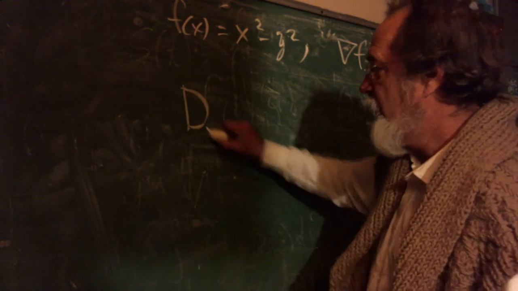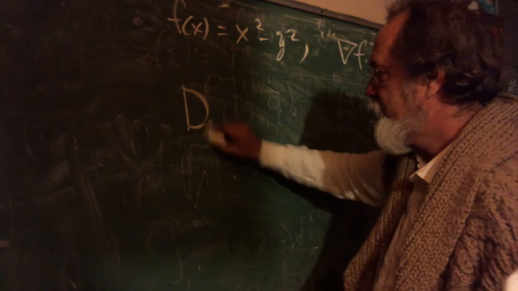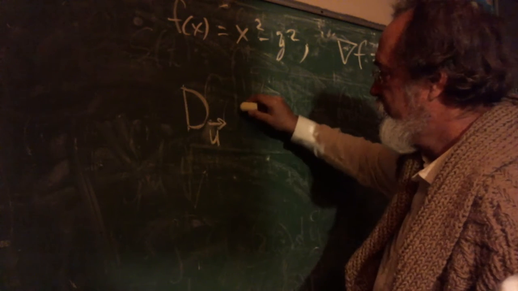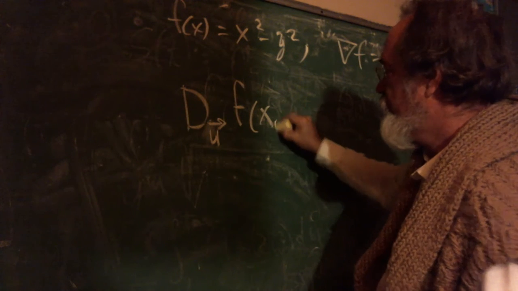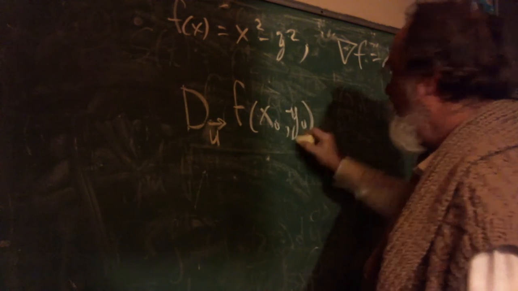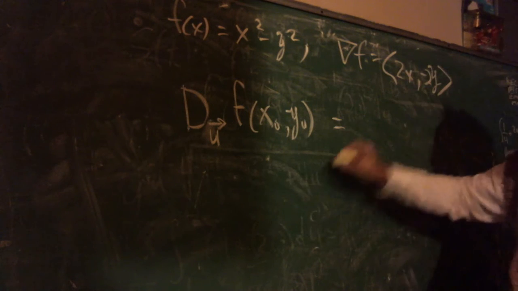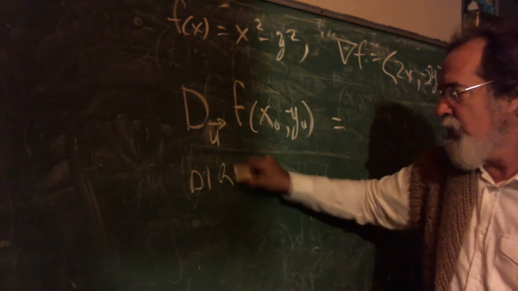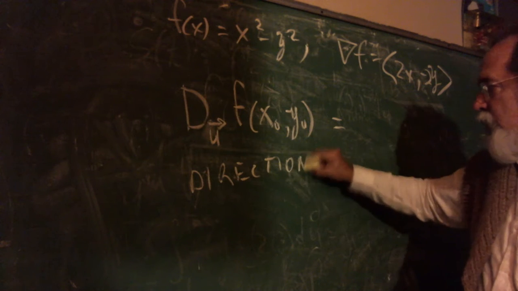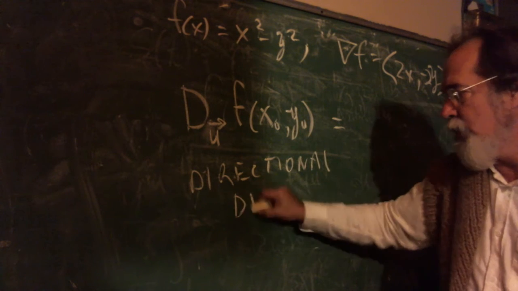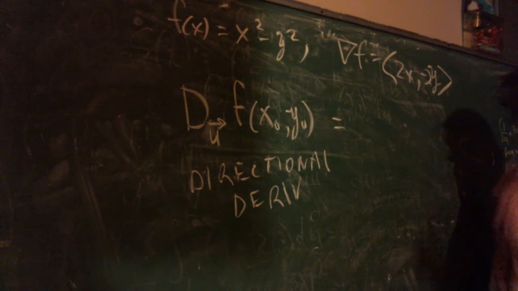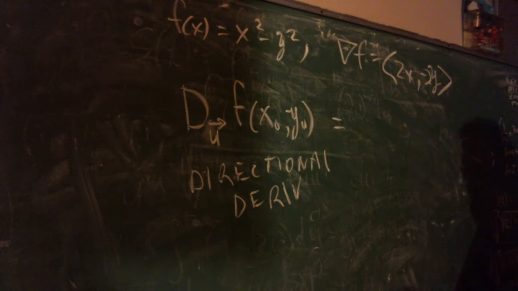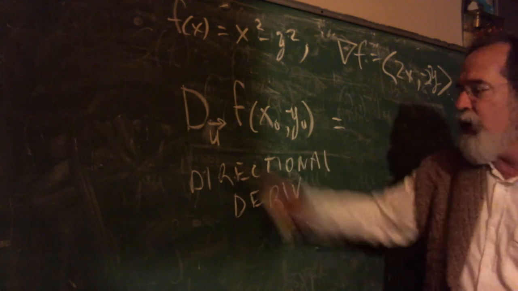It's called the directional derivative. And it gives you the slope of the tangent to the surface at this point in the unit direction.